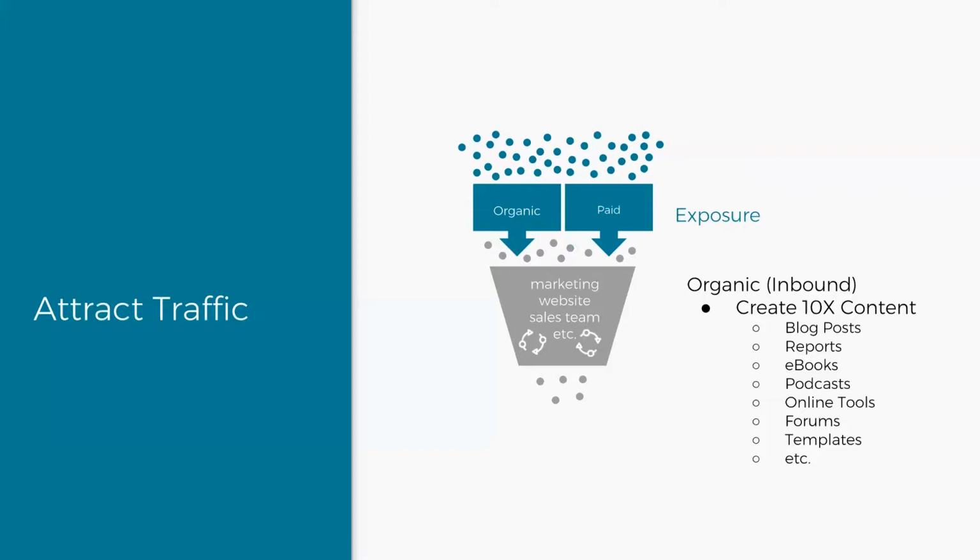So of course, Google is very particular about their rankings, and getting your content to go up there is kind of difficult. So we do something called create 10x content.